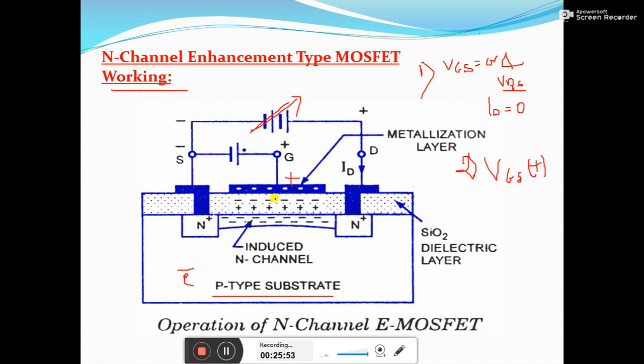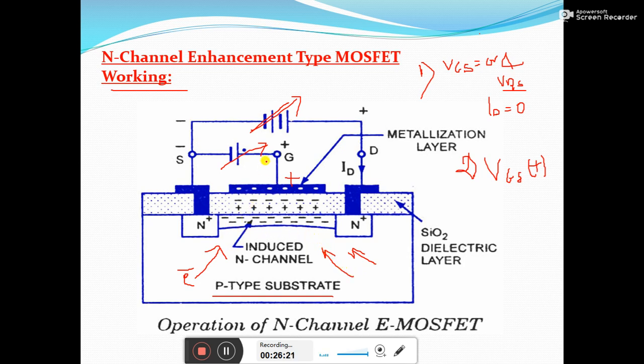As we increase the level of gate to source voltage, if the gate is made more and more positive with respect to source, it will attract more and more electrons towards the gate terminal.